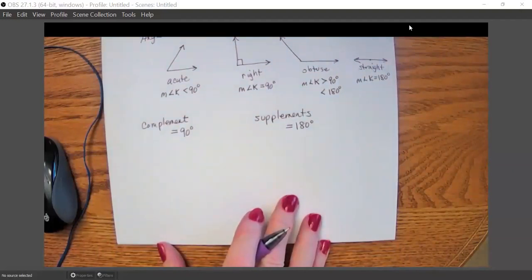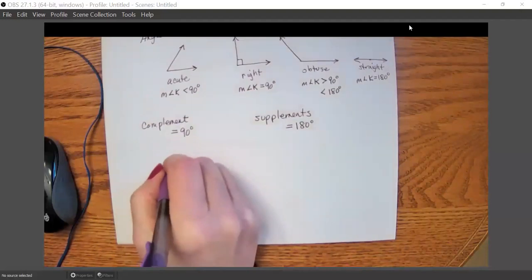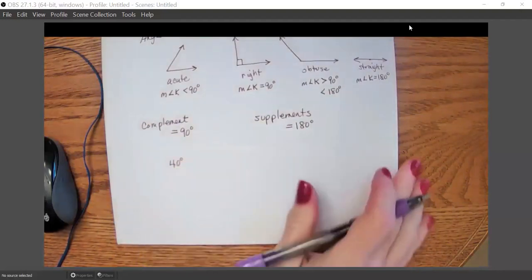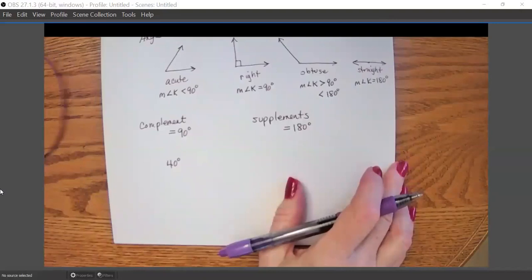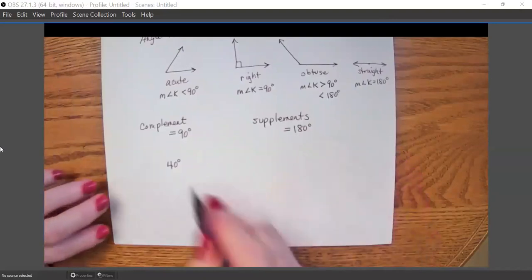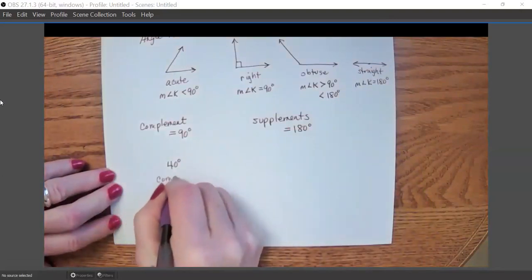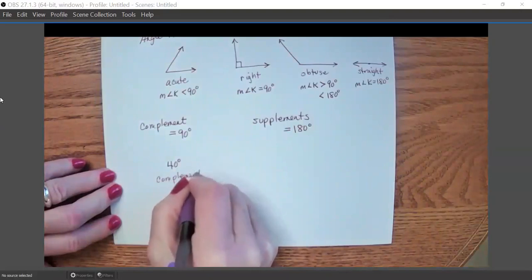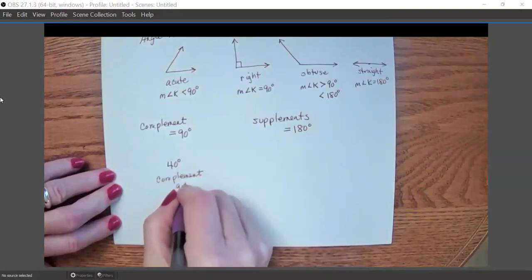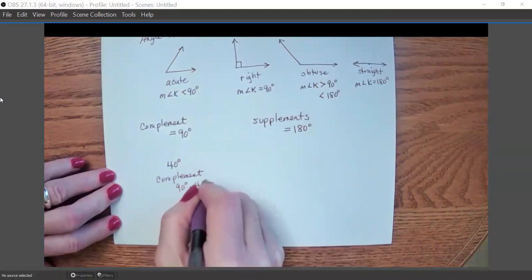Find the complement and the supplement of a 40-degree angle. If I have a 40-degree angle, the complement would be 90 degrees minus 40 degrees.